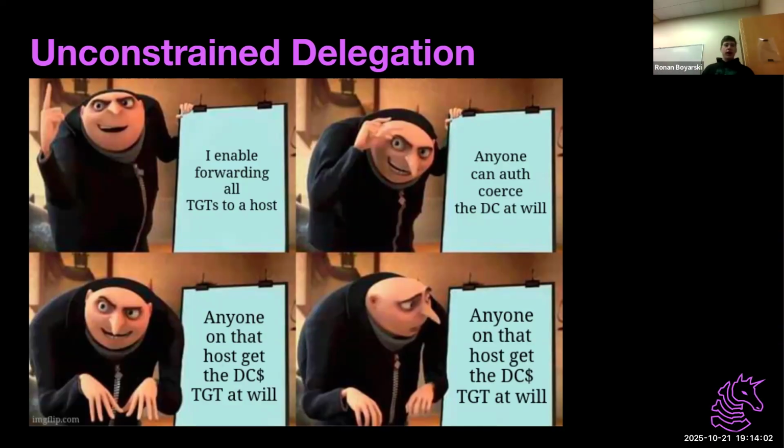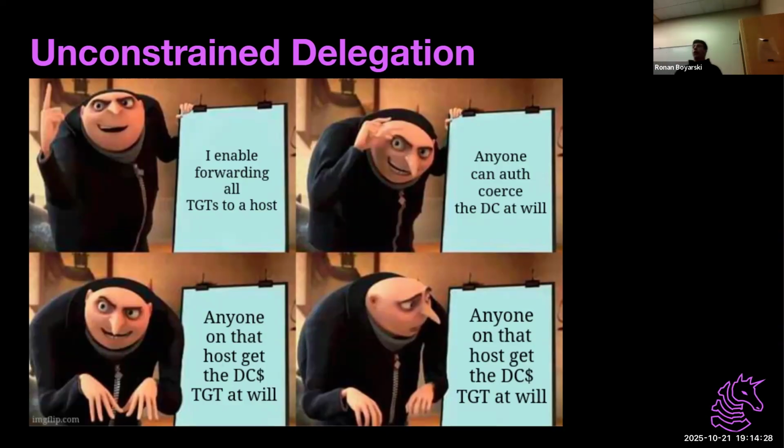If anybody can do authentication coercion against the domain controller at will, then if I compromise the host that's getting TGTs forwarded to it, what happens if I sit on that host and say, hey, domain controller, authenticate to me? They do that, I pull their TGT out, I run Rubeus and rip the TGT out, and oh no, I have a TGT as the domain controller machine account.